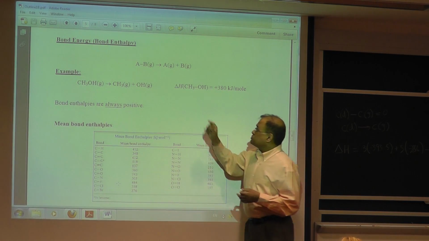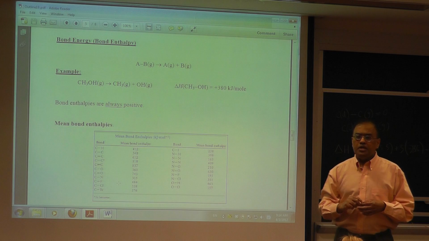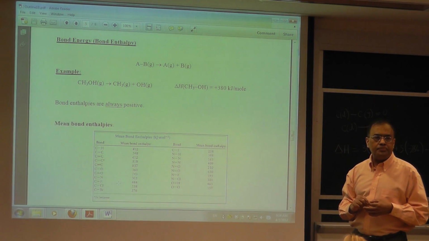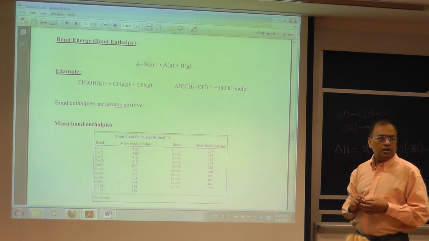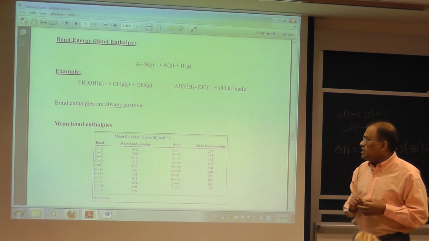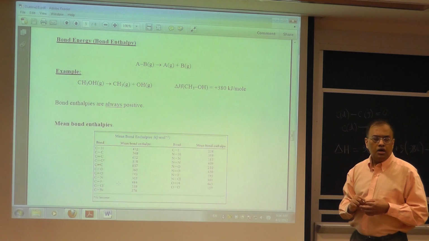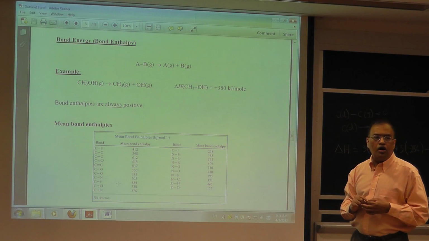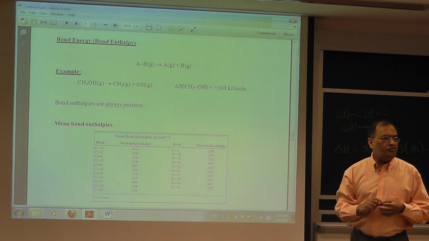Can you write the corresponding equation for the bond enthalpy for the OH bond in methanol? Could you write the chemical equation for the bond enthalpy of the OH bond of methanol?